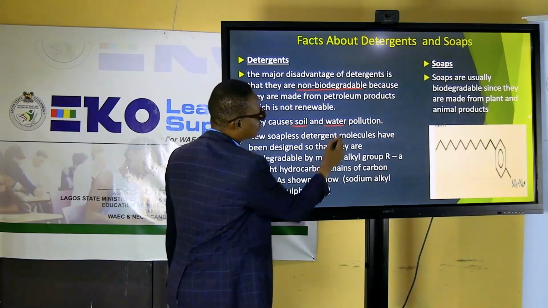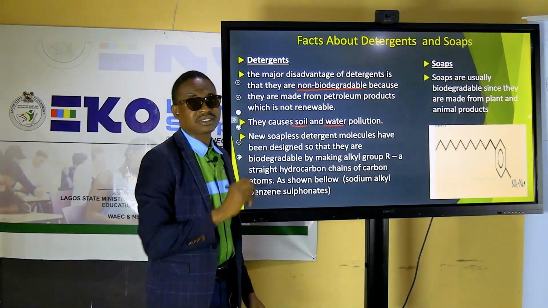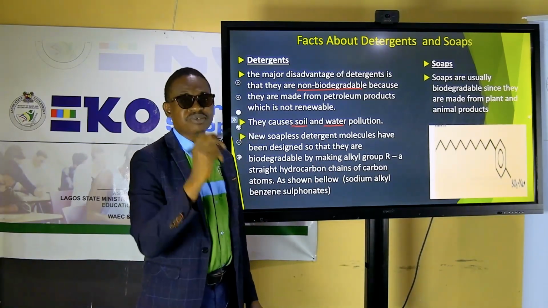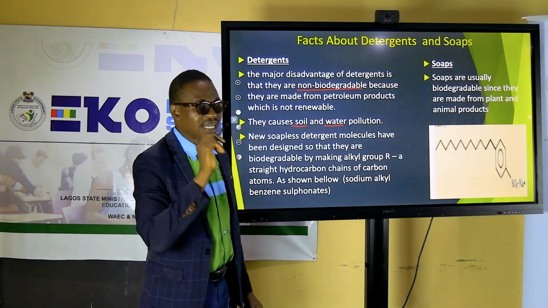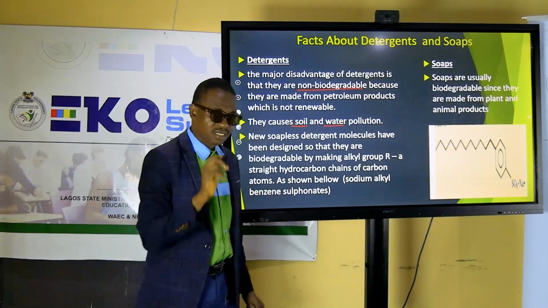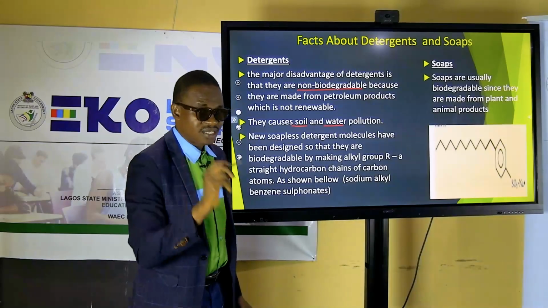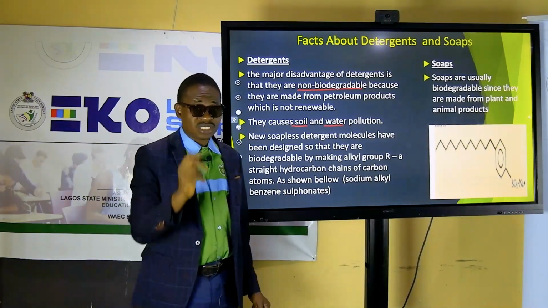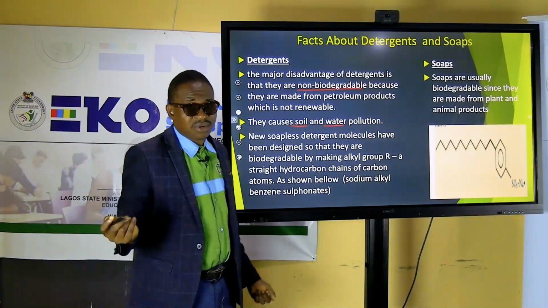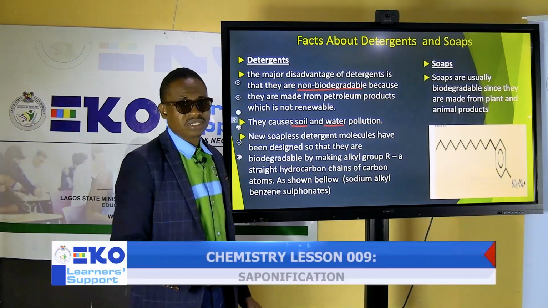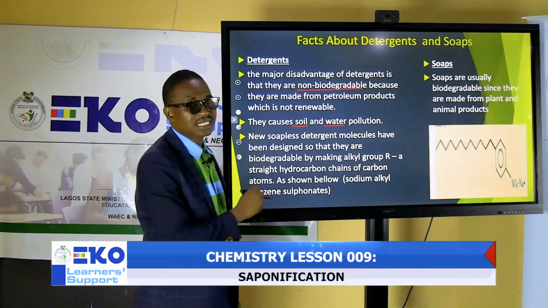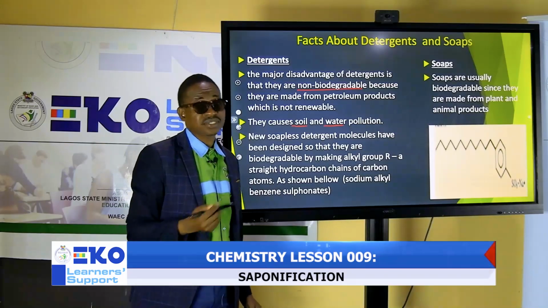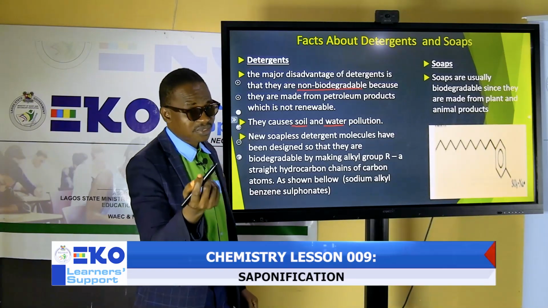It affects the water we drink because some of it will flow into the river and some people are drinking from the river. Thank God that you are in an urban area. Those in rural areas who don't have a source of clean water go into the stream to take water, and this water can flow into the stream. And it affects them.